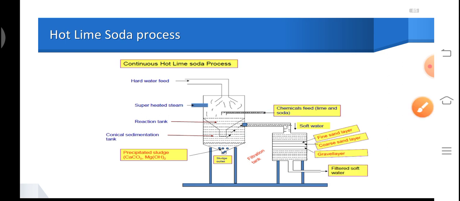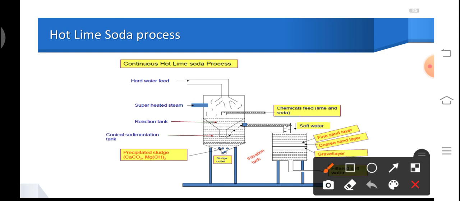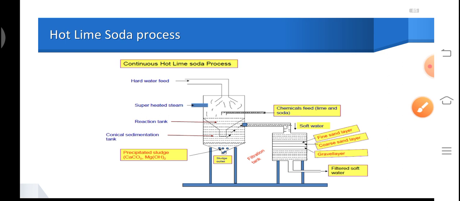Here we have three types of filter: fine sand filter, coarse and gravel filter. After the water passes through these filters, all types of turbidities and impurities are removed, and finally we get filtered soft water at the bottom. So this is the hot lime soda process. The only difference is that here the temperature is 100 degrees Celsius. Moreover, we never use coagulants here.